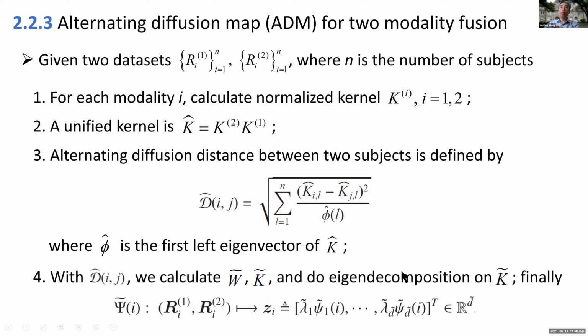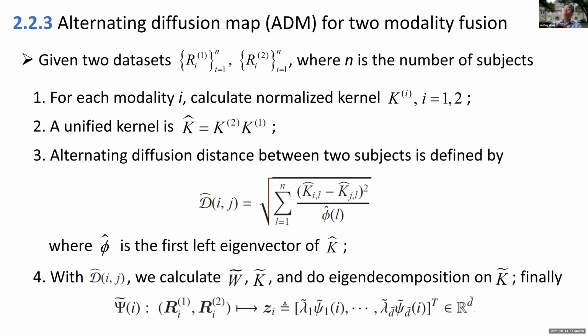Using the eigen decomposition, we can map the two data points corresponding to two modalities into a lower dimensional embedding space with a new dimension D tilde. So this procedure is our proposed alternating diffusion map.